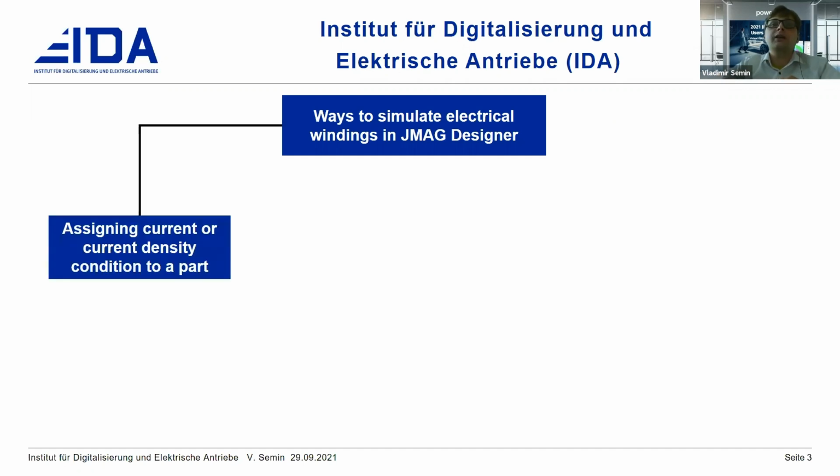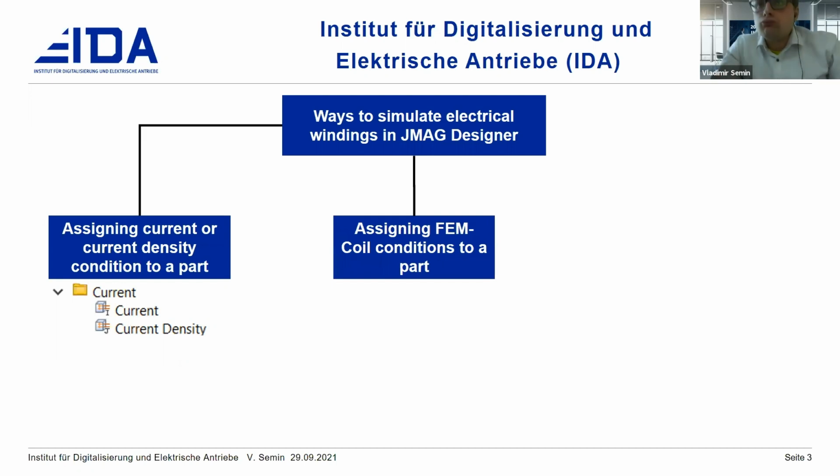Firstly, one can assign a current or a current density as a condition and apply it to a certain part, like, for example, a copper conductor in a slot. Second way is creating a FEM coil, creating an electrical circuit model, and assigning FEM coils to parts.